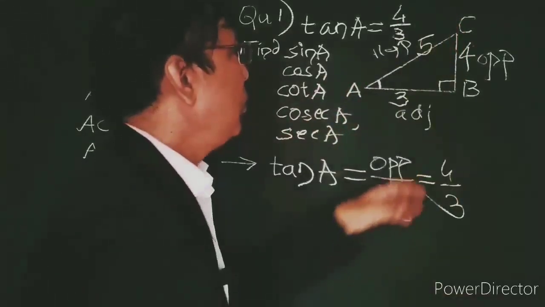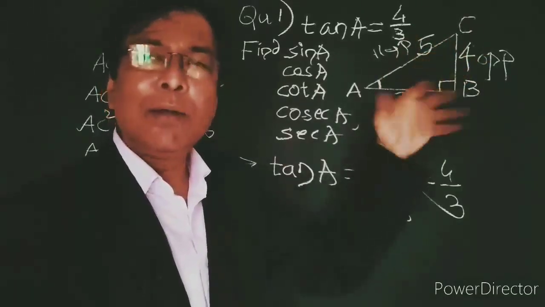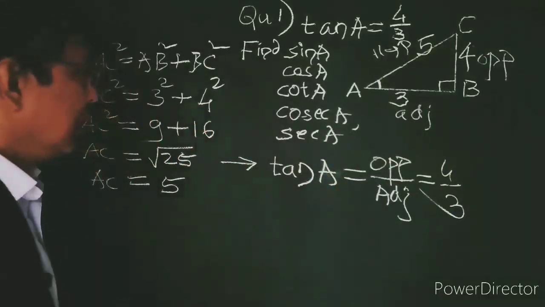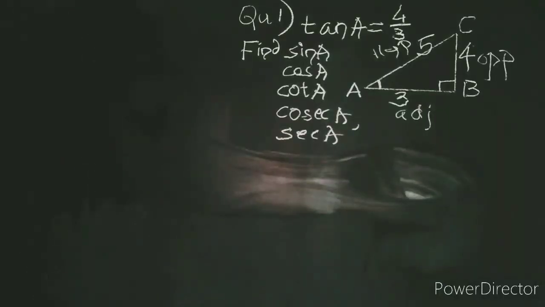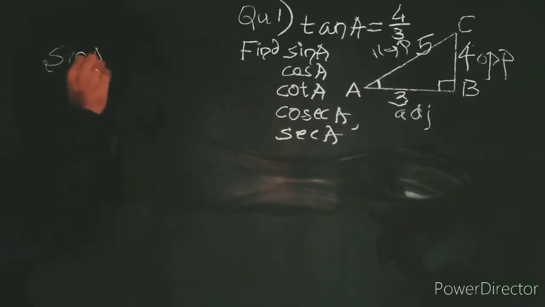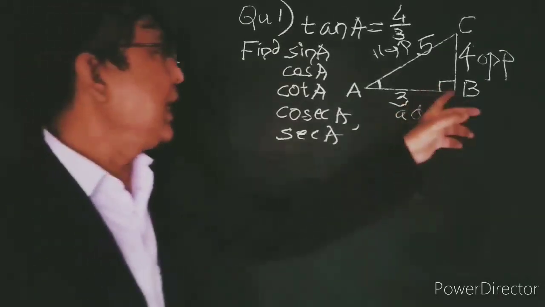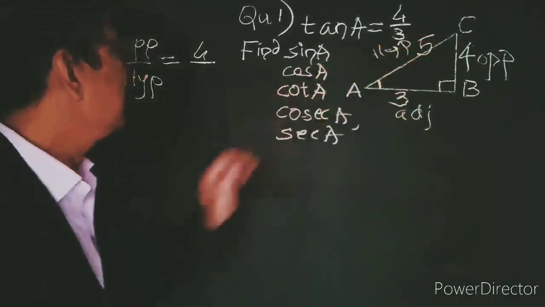Now we know the length of all three sides of the triangle. Now we can find any trigonometric ratio. Here we go. Now let us find sine A. We know that it is opposite side upon hypotenuse, that is, the opposite side is 4 units and the hypotenuse is 5.